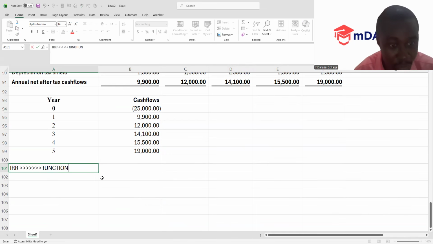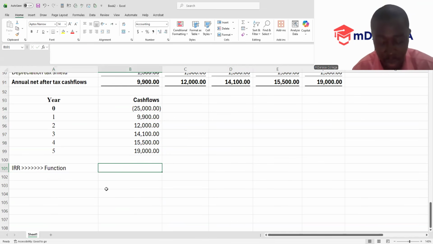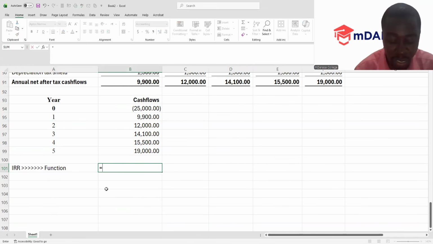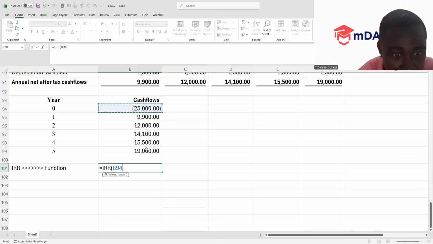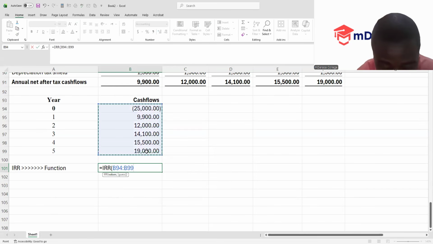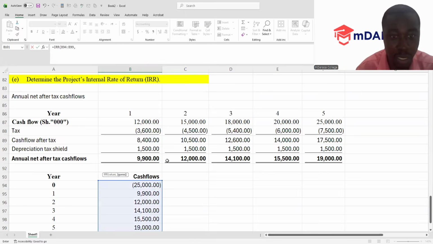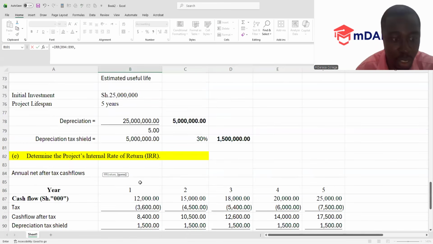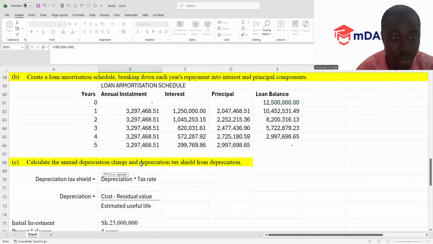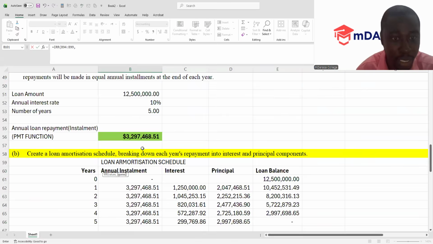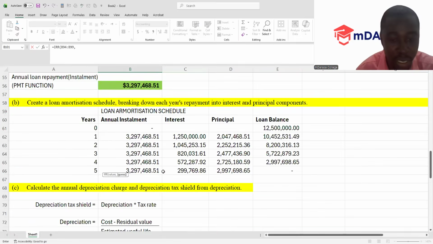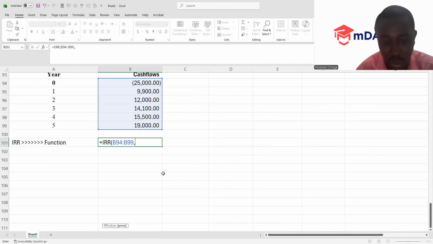We do equal sign, IRR, tab, our values including the initial outlay, comma, the guess value in this context. Initially, we had 9%, right? So we can take a value higher than the 9%, say 10%.